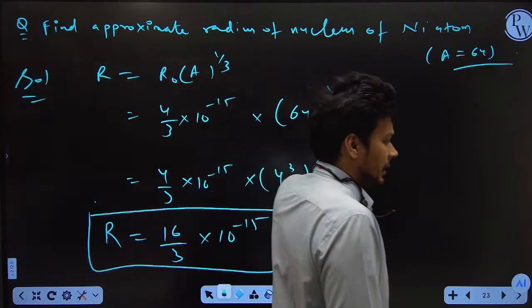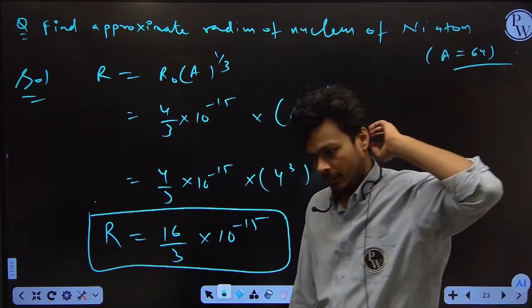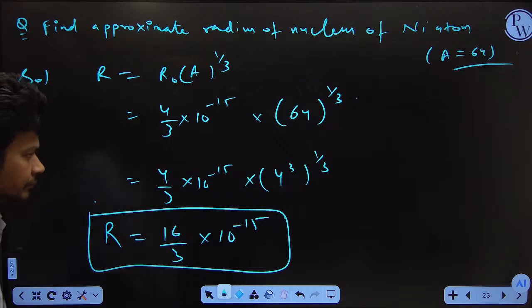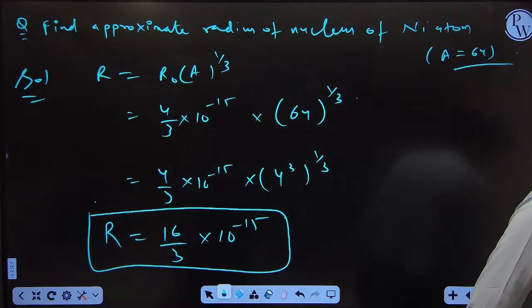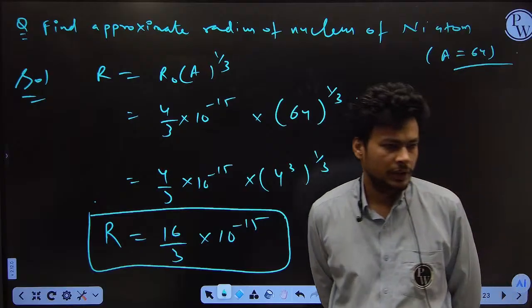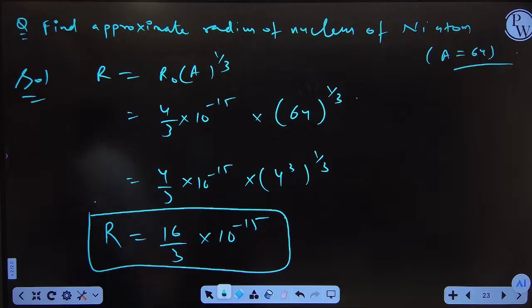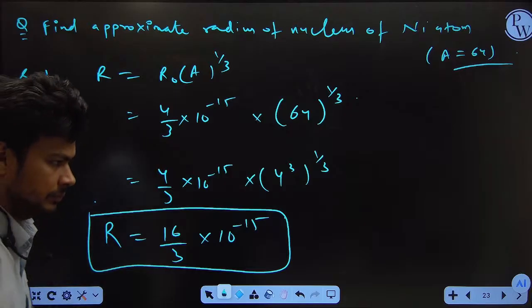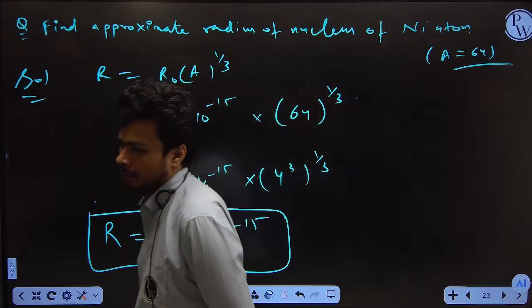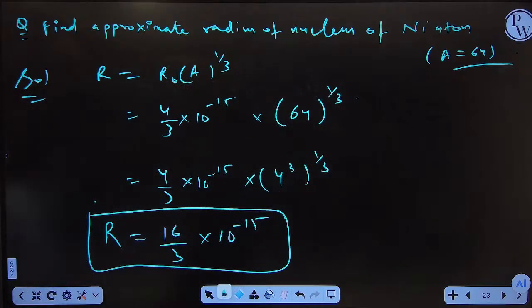In an alpha particle scattering experiment, number of alpha particles scattered at an angle of 90 degree is 200.